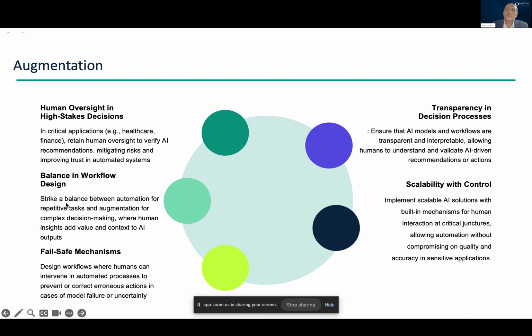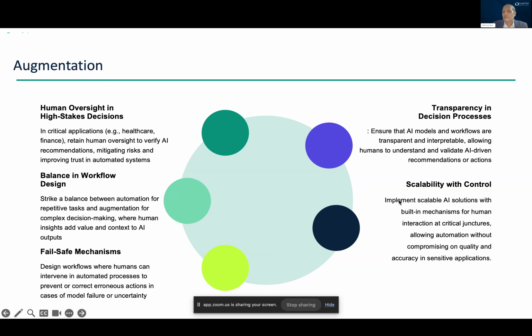And then we always have to strike a balance between what can be automated and what cannot be automated. We should have the right controls like validation of input, validation of output, and checking against compliance standards. Fail-safe mechanisms, obviously: if the responses are hallucinated from an LLM, how do you ensure that your system automatically recovers and tries to provide more meaningful context to the LLM to produce a meaningful outcome?